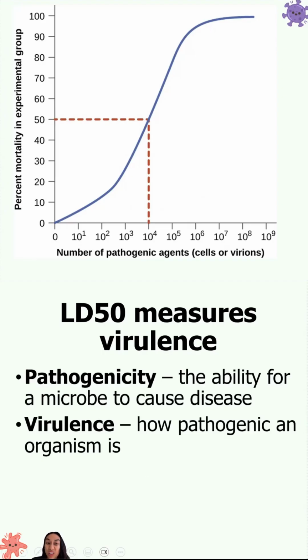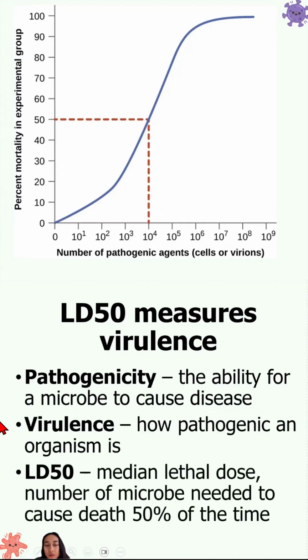Is it really infectious or is it not, essentially? And there is a way for us to quote unquote measure how virulent a microbe is, and we call it the LD50. So the LD50 stands for the median lethal dose. It is the number of microbes that you need to be exposed to that would cause death 50% of the time. So median meaning the middle.